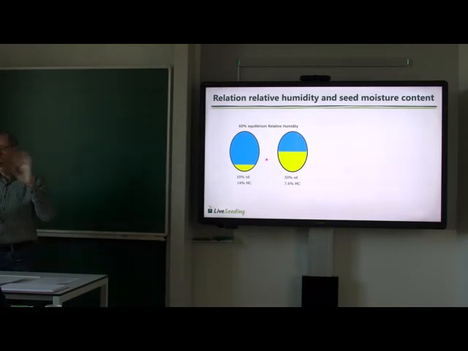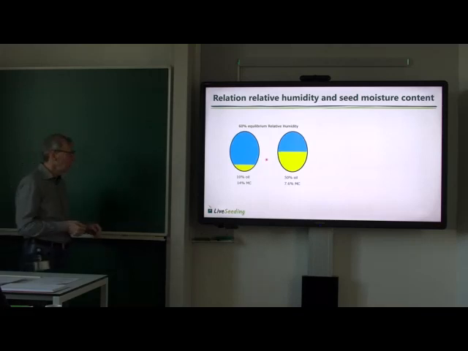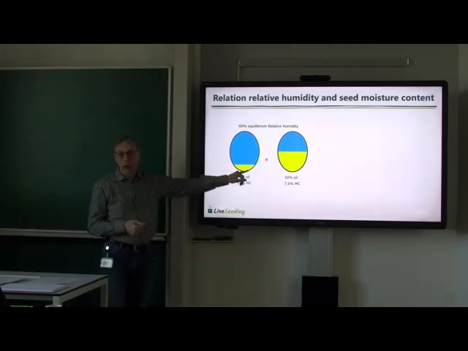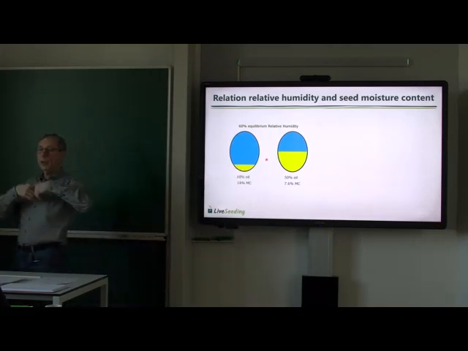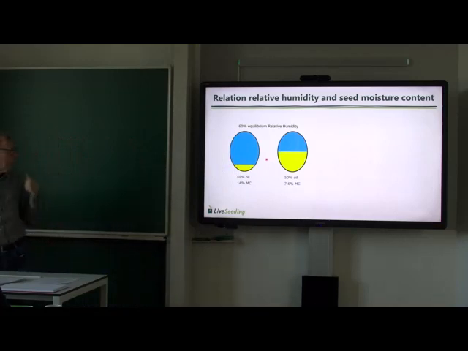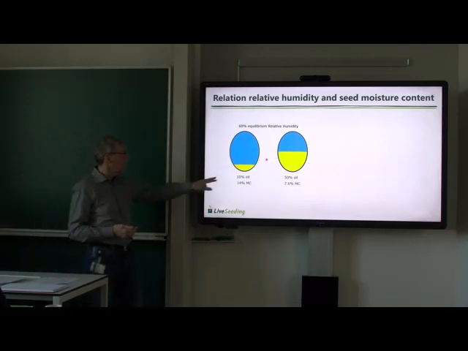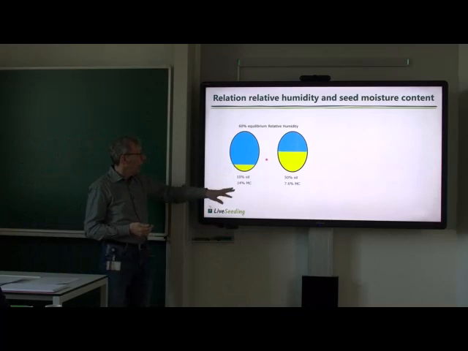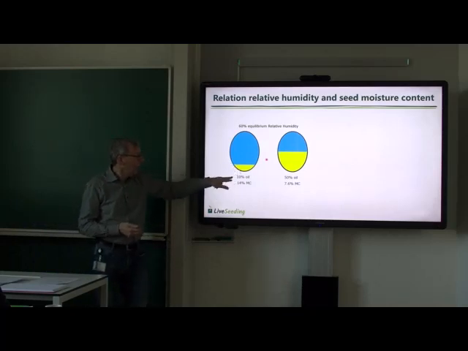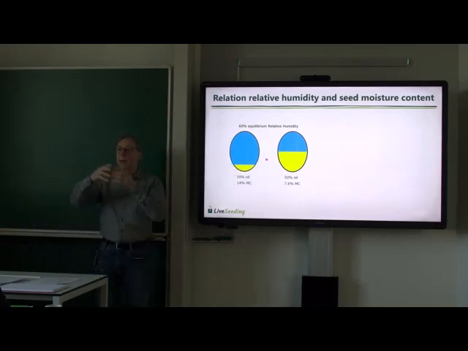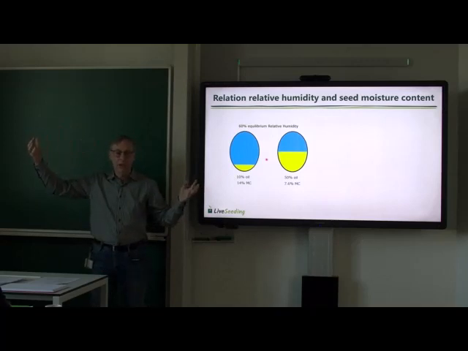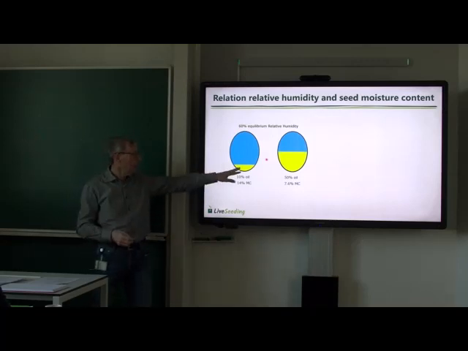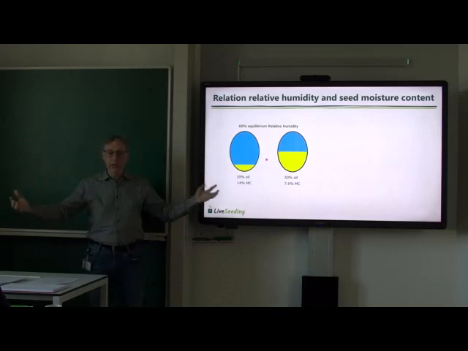In the oil there can be no water. So all water is in the yellow part, which is what we call the cytoplasm or the endosperm. There is where the water is. And this is the amount of water there is in equilibrium with the relative humidity. If it's drier, water will evaporate, will get out of the seed, and if you put it in a more humid atmosphere, it will be absorbed.